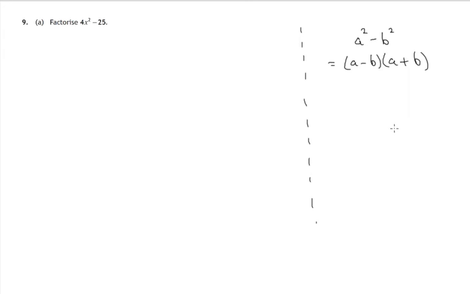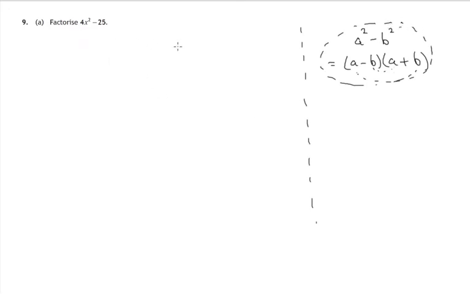If you check that, firsts, outsides, insides, lasts, when you multiply out, the firsts are a times a, a squared, the outside two plus ab and the inside two minus ab, they cancel. And the last, negative b times b, gives you negative b squared. So that's the pattern for the difference of two squares.